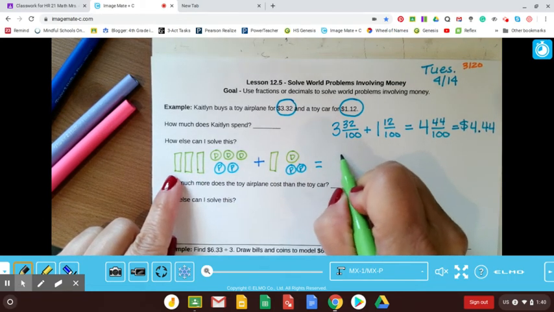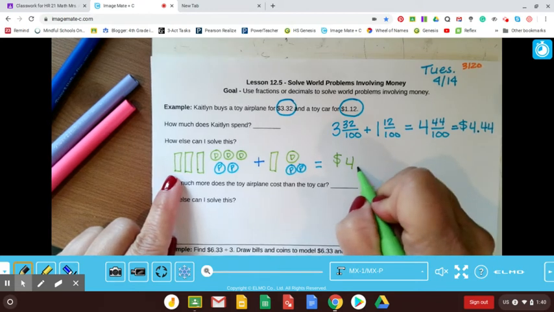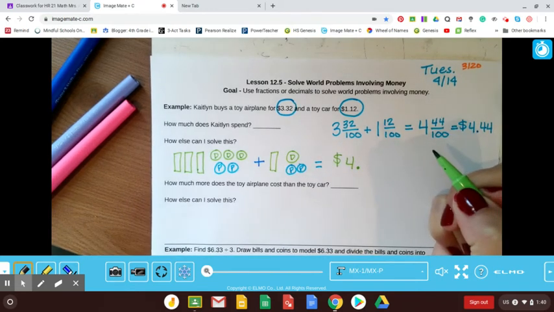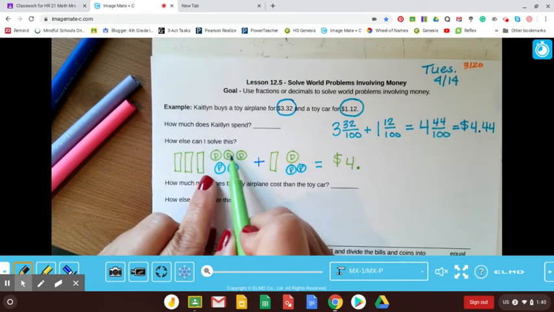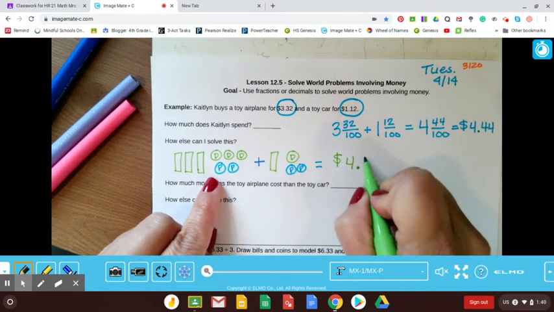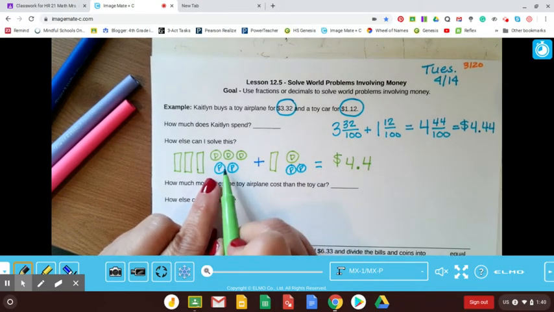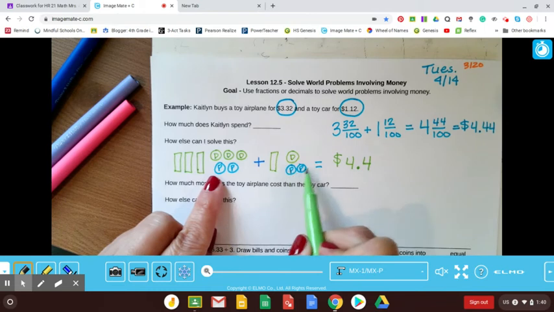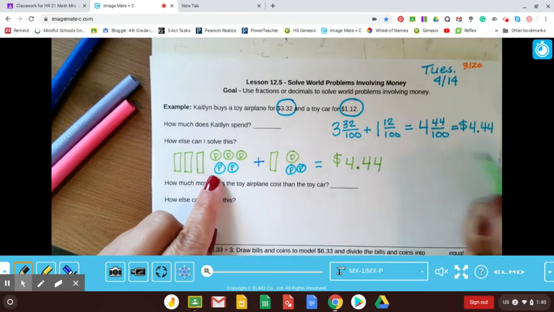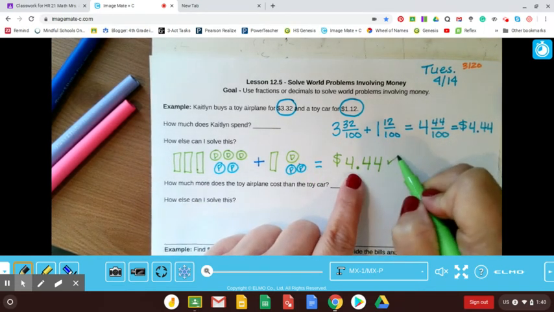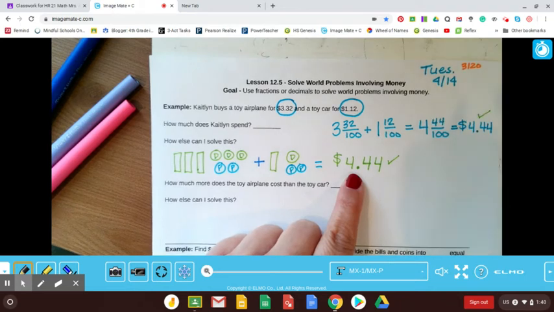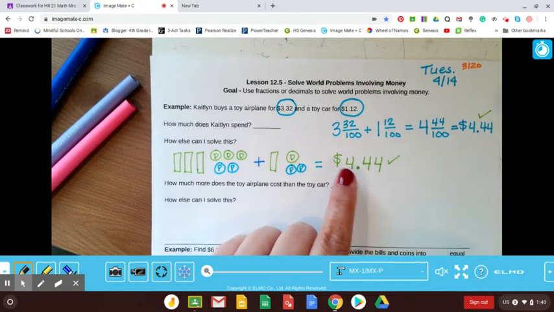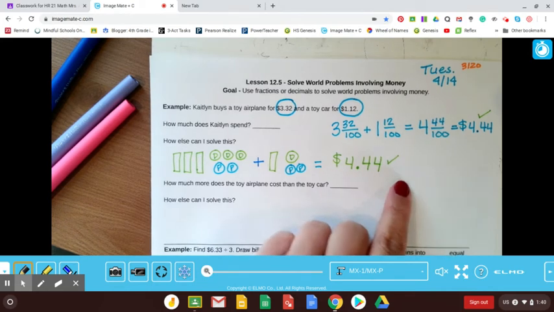So I have $4. And let's count my dimes, 10, 20, 30, 40. And how many pennies? 1, 2, 3, 4. So it checks out. $4.44.